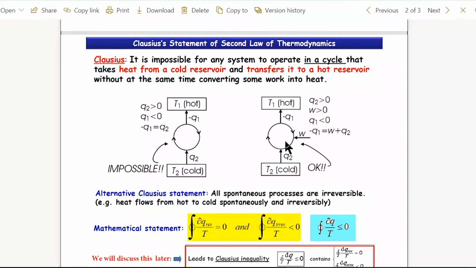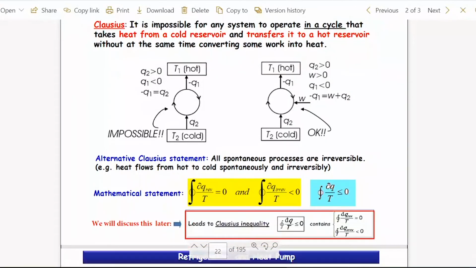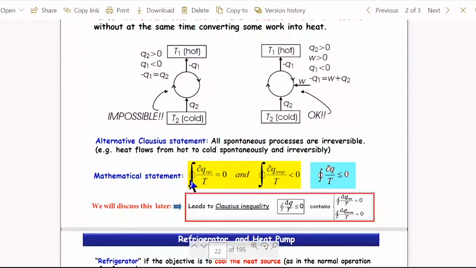second law definition, but there is a much more important version or mathematical representation of the Clausius law, and that is: all spontaneous processes are irreversible, and for a reversible process over a cycle, the dq reversible, that means the heat which is absorbed or rejected over a reversible cycle, divided by temperature, should be equal to 0.